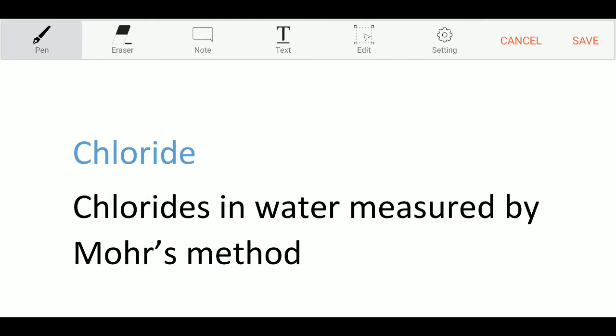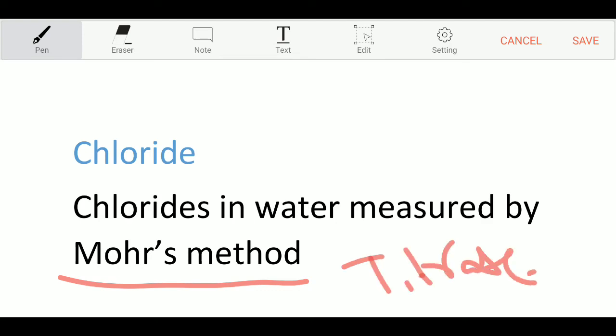Now next one is chlorides in drinking water. Chlorides along with sodium, if present in high concentration, cause cardio and kidney diseases. Chlorides interfere with chemical reactions in chemical water treatment. Seawater intrusion into groundwater is verified with chloride estimation, and chloride is measured by Mohr's method, and its titrant is silver nitrate.